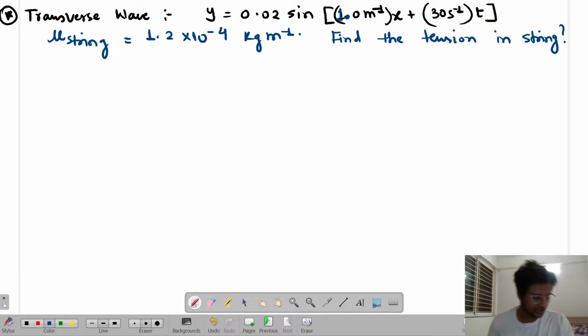Tell me fast. A transverse wave which is following this equation, you have to tell me what is the tension in the string. Chandra, are you able to understand?